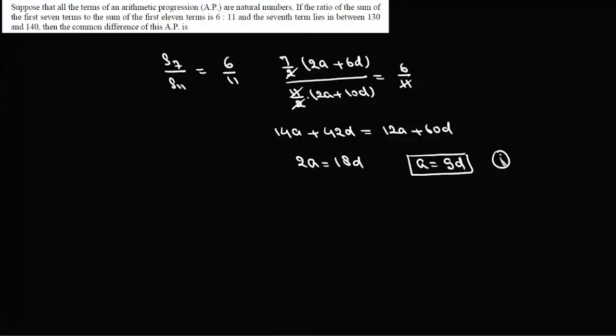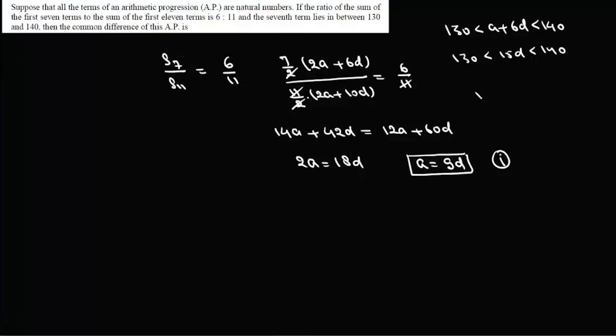Now it also says the seventh term lies in between 130 and 140. So its seventh term, A plus 6D, will lie between 130 and 140. Now A is 9D, so we can write 130 is less than 15D is less than 140.